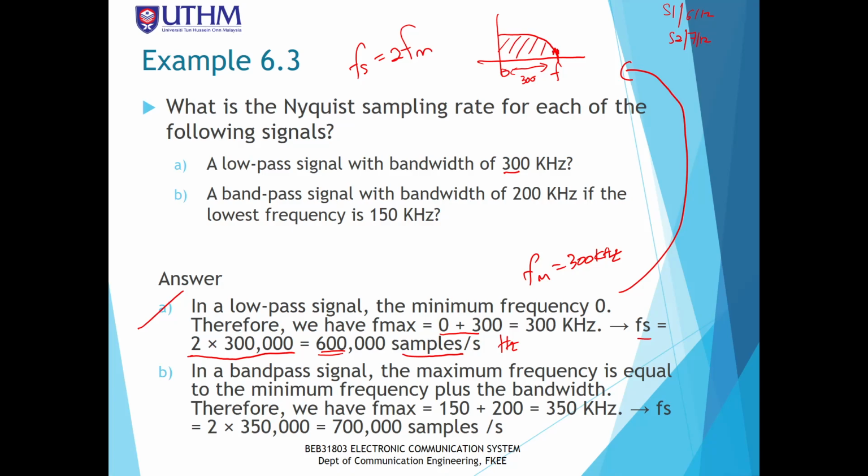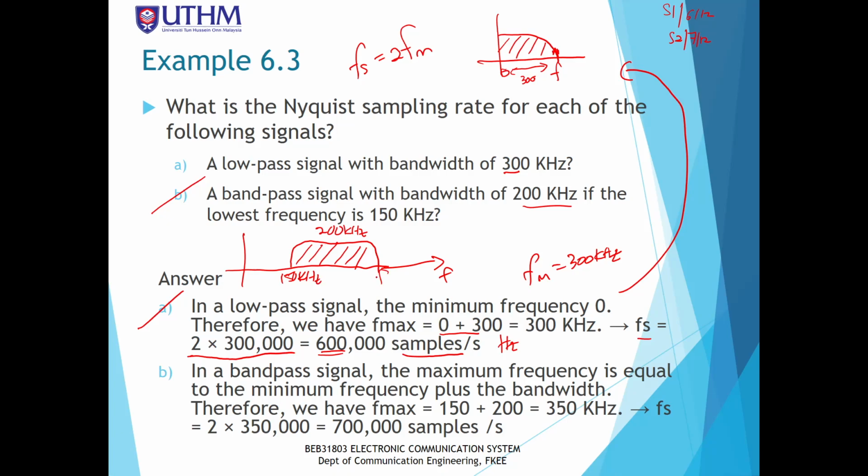Okay, and then what? A band pass signal with a bandwidth of 200 if the lowest frequency is 150 kilo. Okay, so if you draw the band pass signal, it looks something like this. Okay, band pass signal. So this is F. It said that the bandwidth is 200 and the lowest frequency is 150.